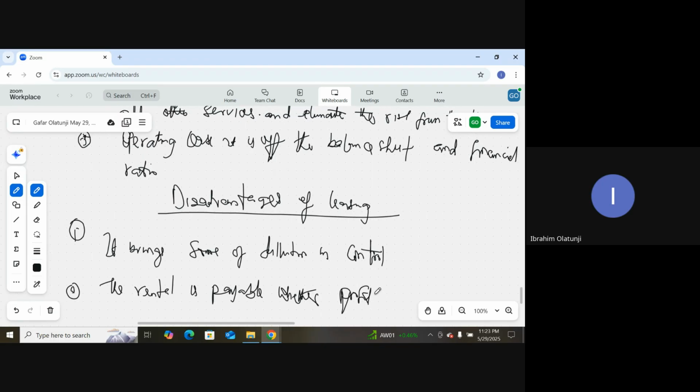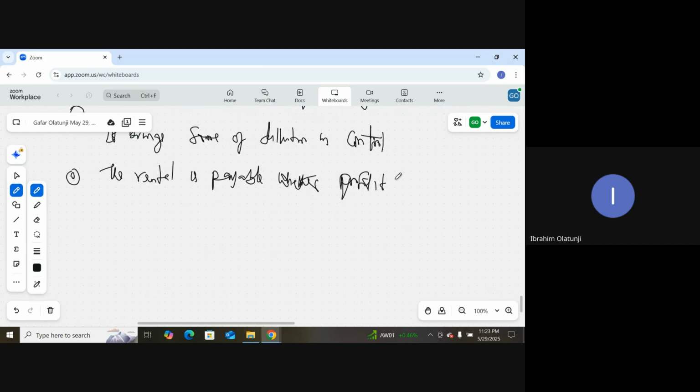So that's one of the disadvantages as well. The rent is payable, you must pay it, whether profits are made or not.